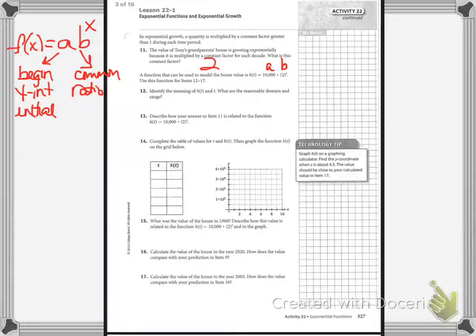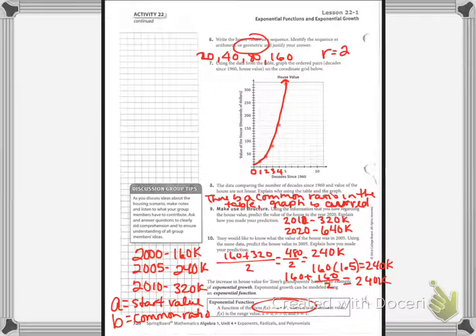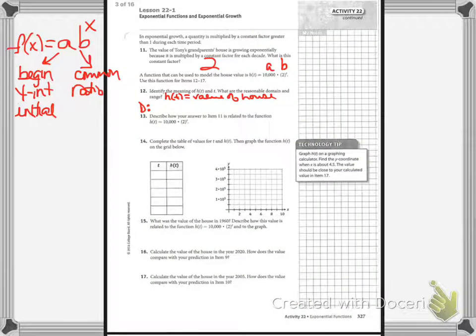So what is the meaning of h of t, and what are reasonable domain and range? So h of t is the value of the house. Your domain, and you can go back to your table or your graph, is, if we go to our graph, our domain is x's, so we can see it's 0 on. So we can say t is greater than or equal to 0, because it was 0 initially for our 0 decades since 1960.